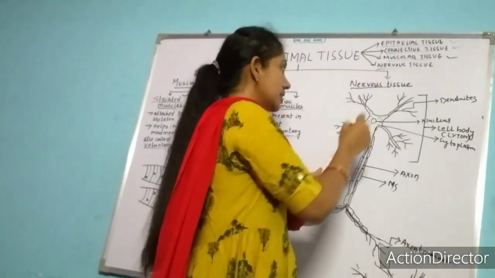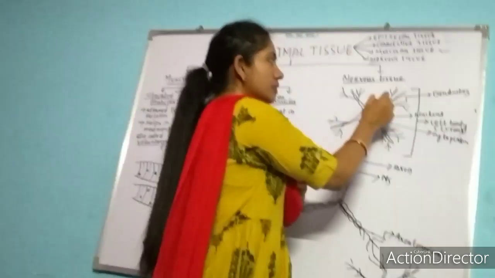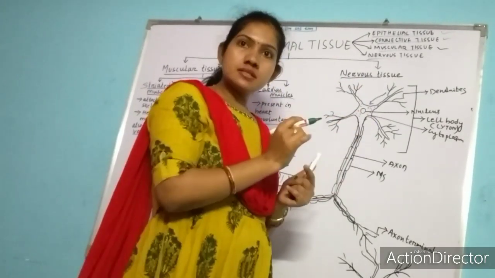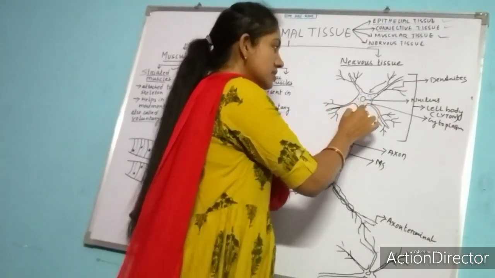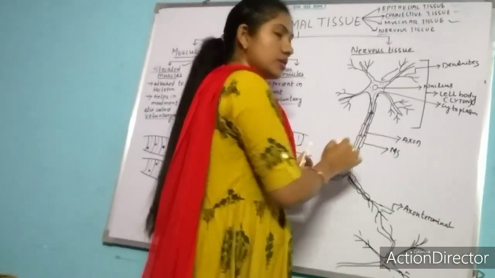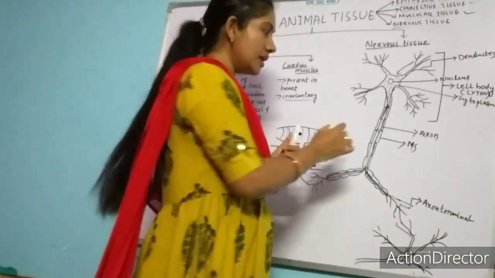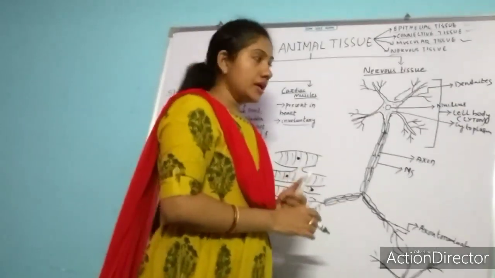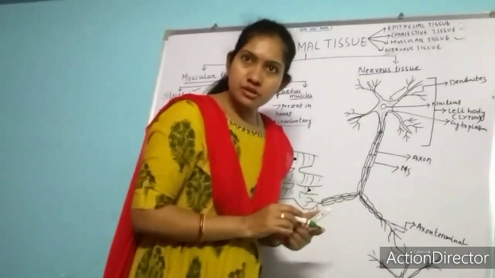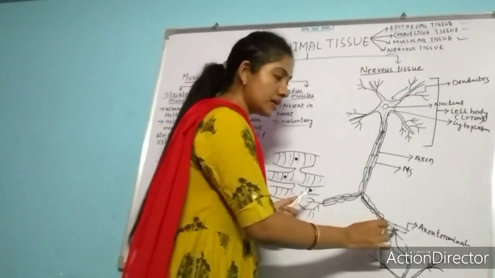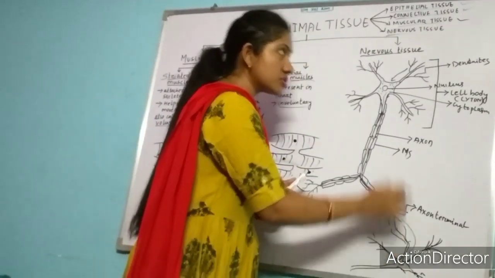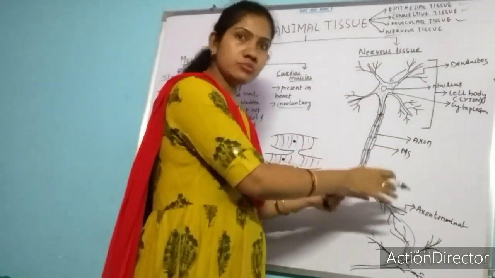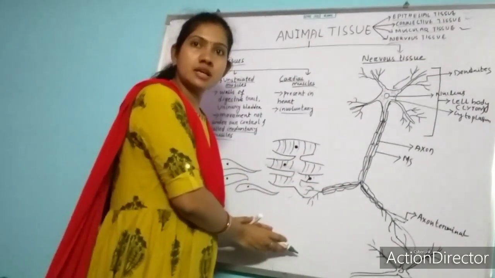The cell body takes the signal and passes it into the axon. The axon passes it into the axon terminal. The axon terminals pass it into the next cyton. This cyton in the same way passes it to another cyton.